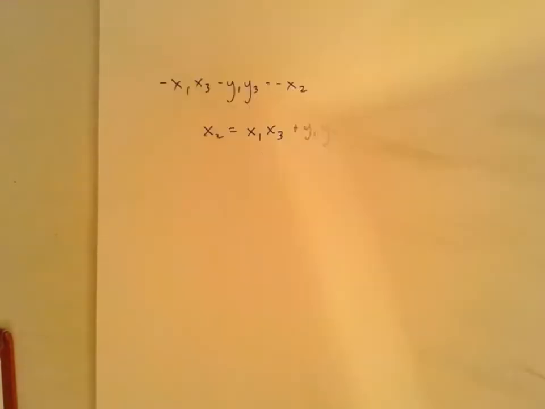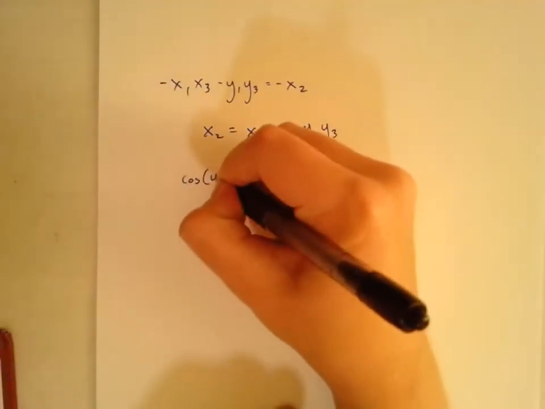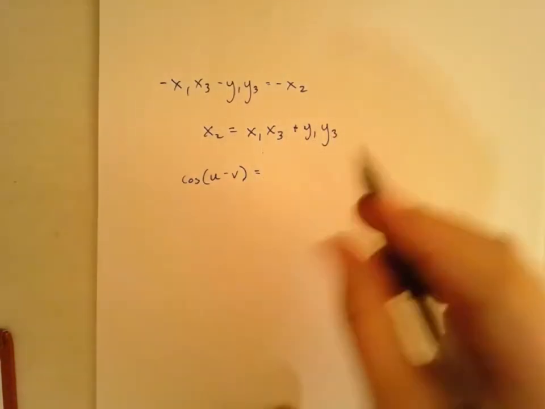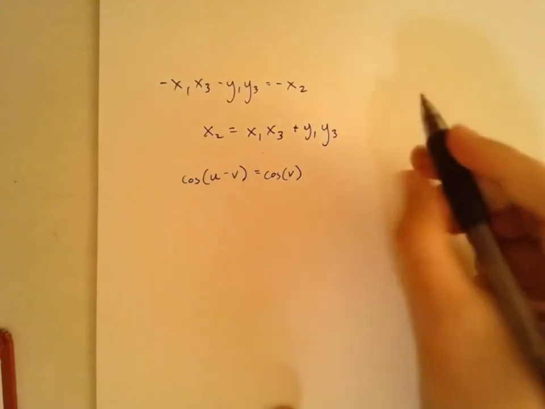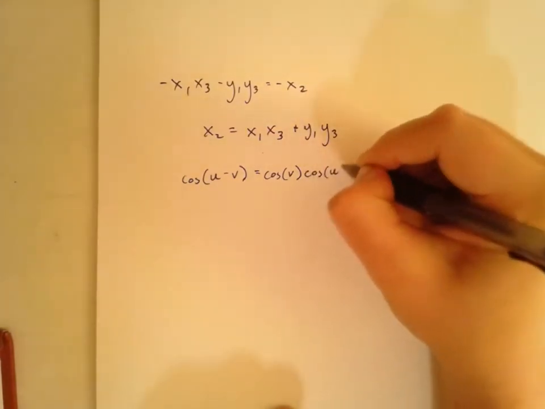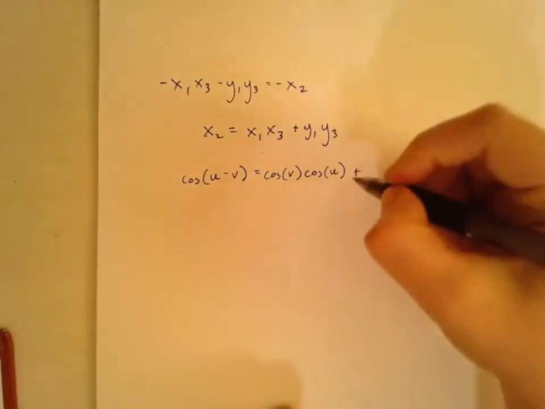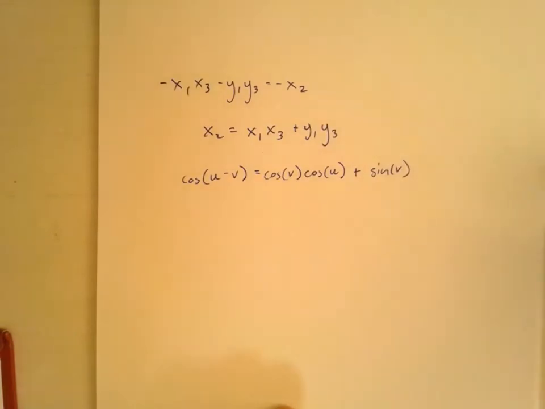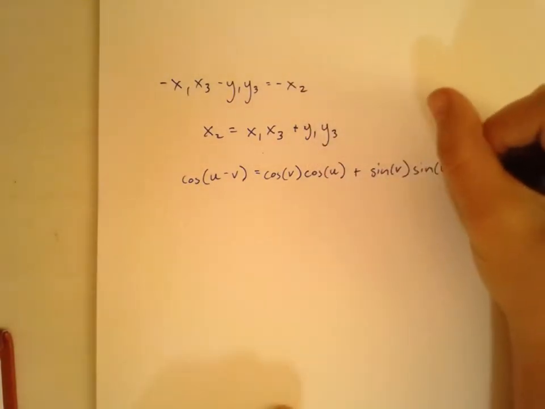We're going to use those now, and we're going to fill them in. So, x sub 2 we called cosine of u minus v. X sub 1 we called cosine v. X sub 3 we called cosine u, plus y sub 1 we called sine v, and then y sub 3 we called sine of u.